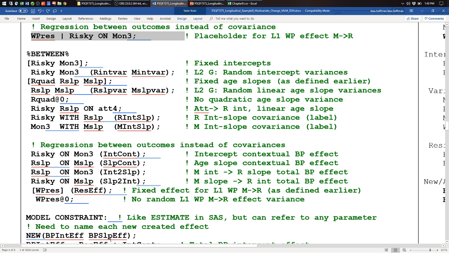Likewise, rather than have with statements between the random effects, I've switched all of those to ons. It's that easy.